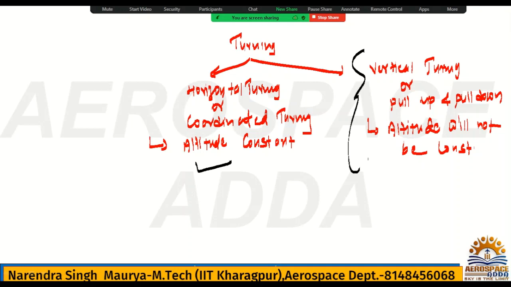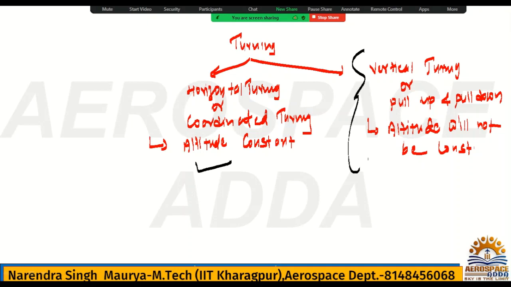Fine. All right, now vertical plane. If it is the vertical plane, then the question is based on pull up or pull down, based on a vertical turning.